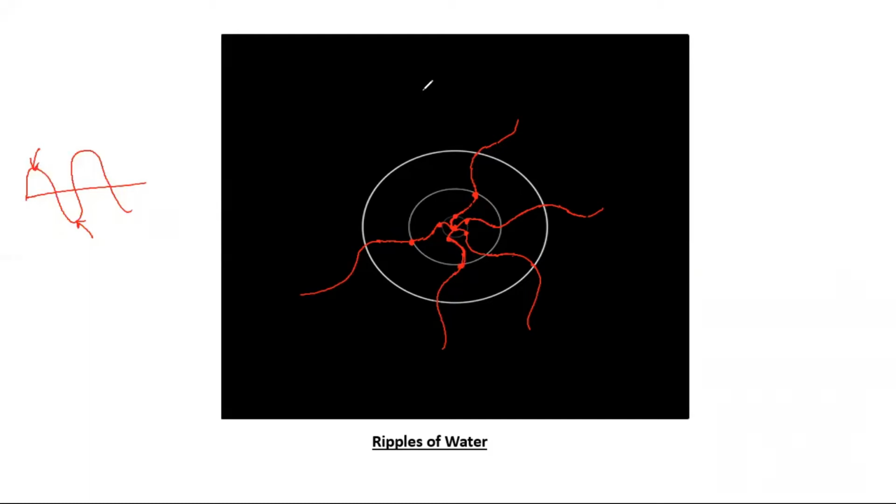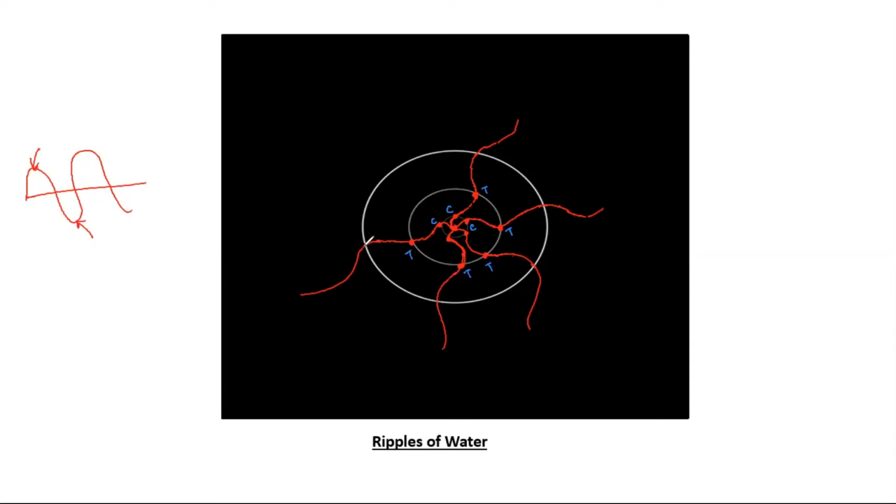I have written C for the crest, and this is my trough. When I join all these trough points, I get another circle, formed by joining the trough points of different waves generated from this point of impact.